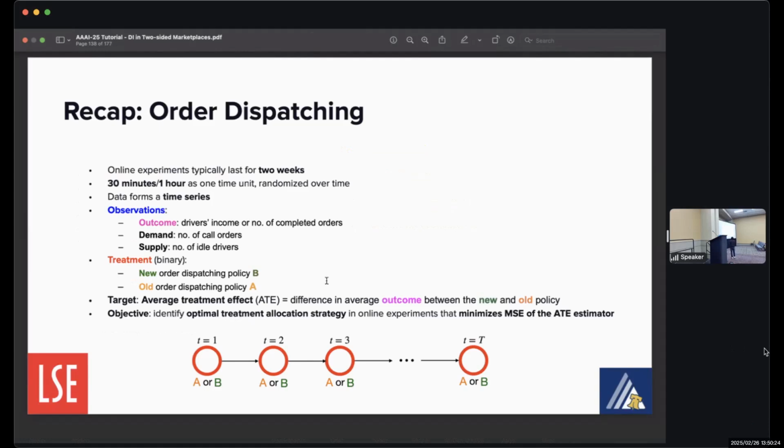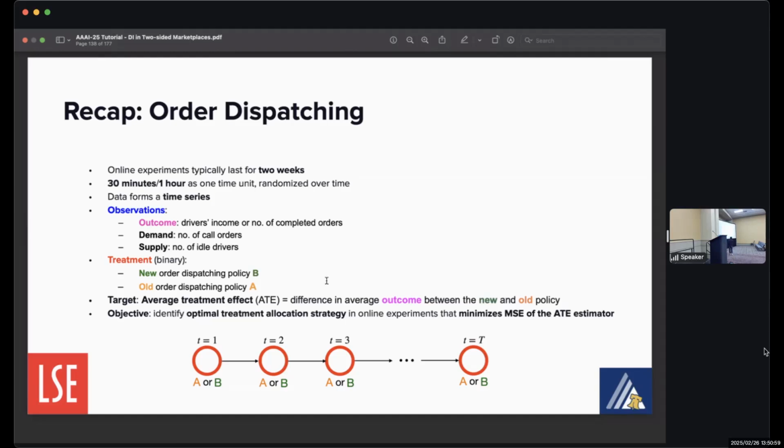To evaluate those policies, the experiment typically corresponds to a time series experiment where we discretize the entire experiment into 30-minute or 1-hour time intervals. Okay? And this time series contains two components. The first corresponds to an observation vector. The second corresponds to a binary treatment. And our goal is the average treatment effect, which corresponds to the difference in the average outcome between the new and old policies.